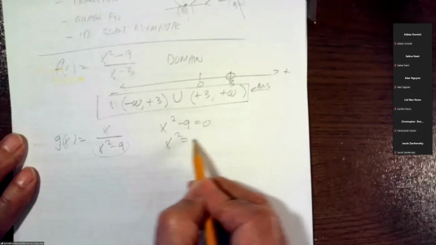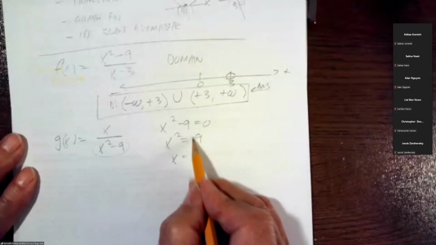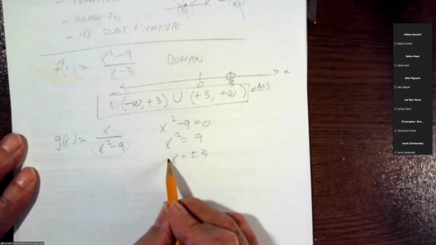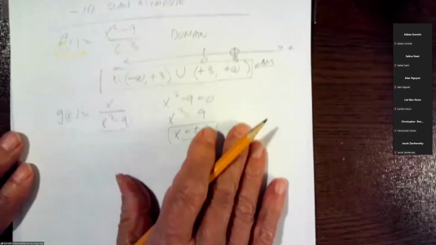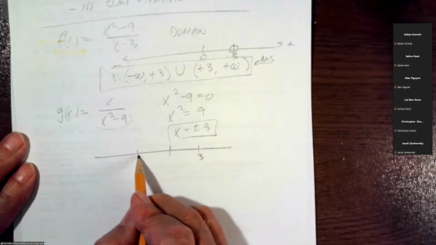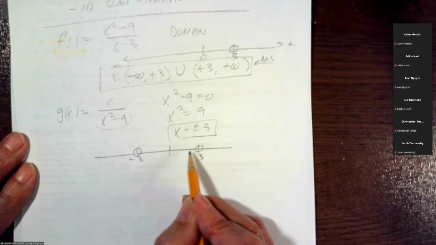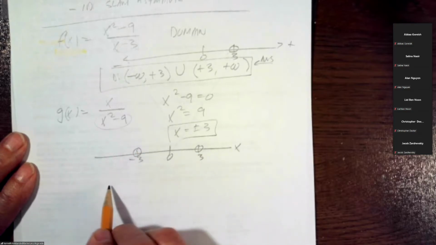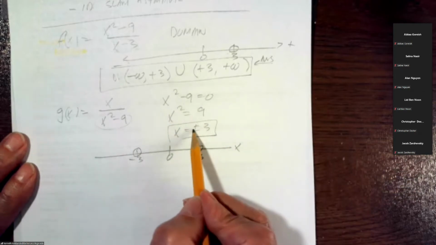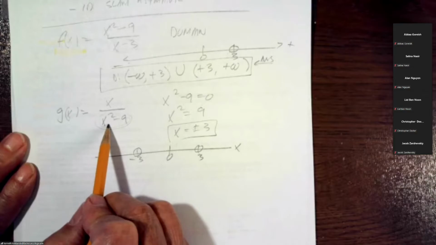So x squared equals 9. X equals the root of 9, or plus or minus 3. So that says if we have a plus 3 or a minus 3, then we're not going to include those values. Because if we did include those values, that would drive this denominator to 0, wouldn't it?